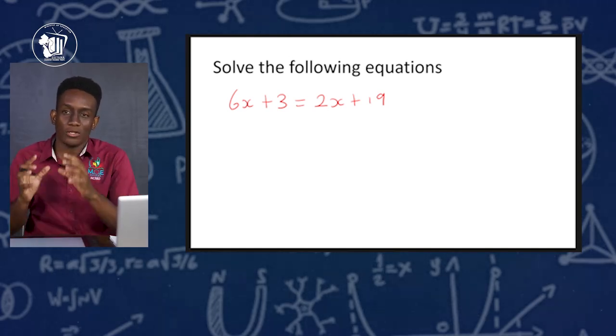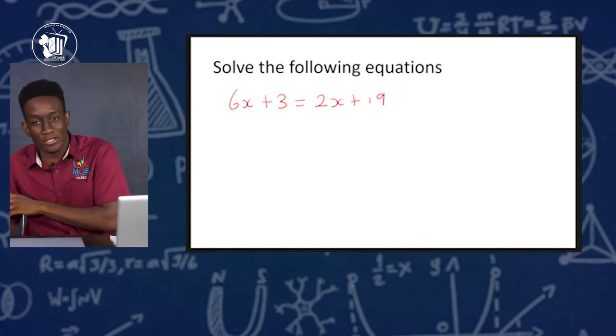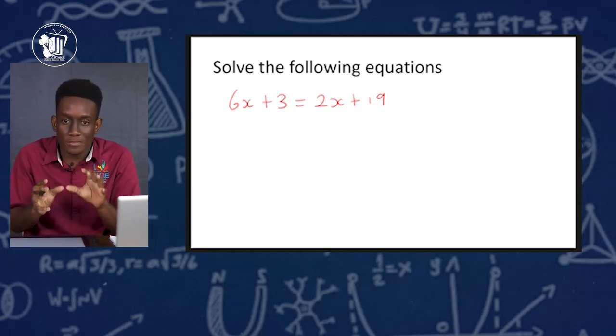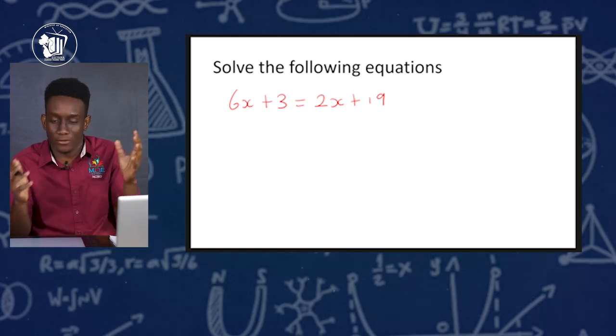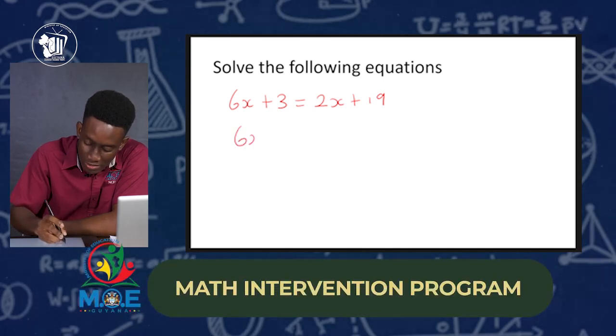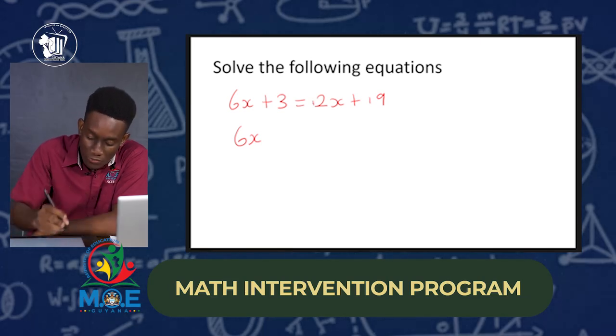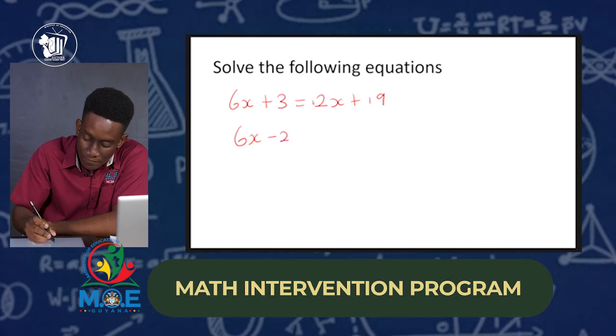So you put all the terms that are like on one side and the other terms that are also like on the other side. So let's put the terms with the x's on the left hand side. So we have 6x. So we are bringing over this 2x with the 6x. So this 2x, it's adding. When we take it over, it will subtract.